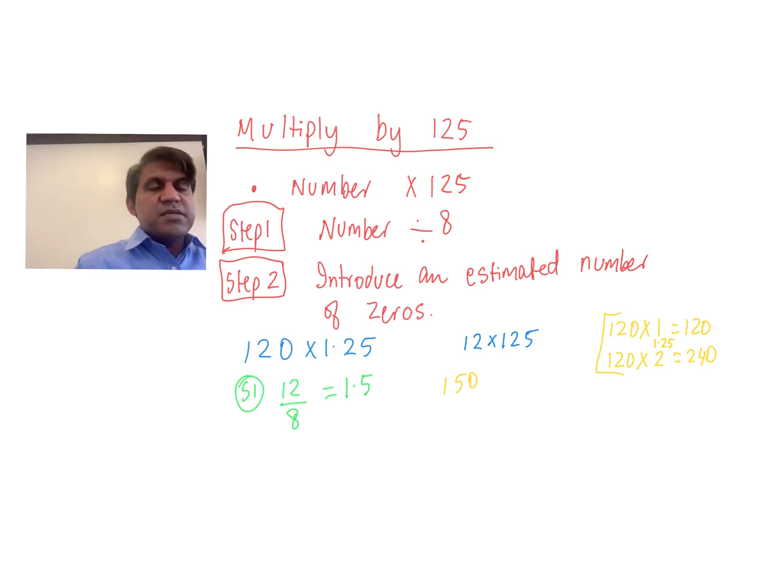And I can test this also if I would like. So if I were doing 12 times 125, let's do this math. I'll get 0, 1, 5 times 1 is 5, plus 1 is 6. Then the tens place, I'll get 4 and 2. And then the hundreds place, I'll get 2 and 1.